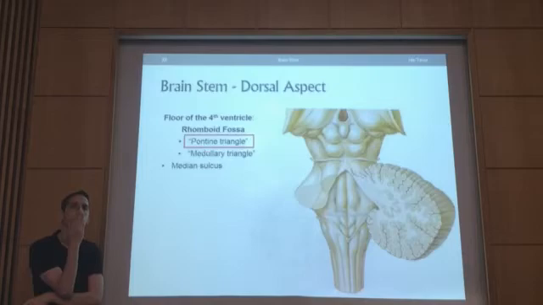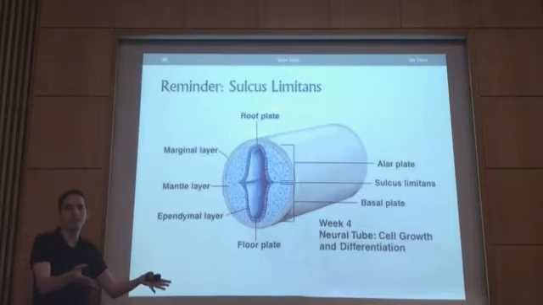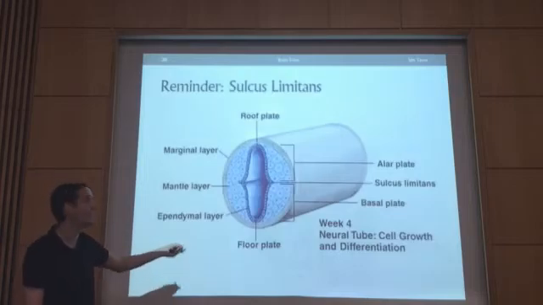Just, I forget, which one was dorsal and ventral, basal or alar plate? So let's have a look again. Basal is ventral. Okay, think of a crocodile. Everything is much easier and simpler in the nervous system if you think of a crocodile. You can think of any other animal, but for some reason most textbooks love the crocodile.